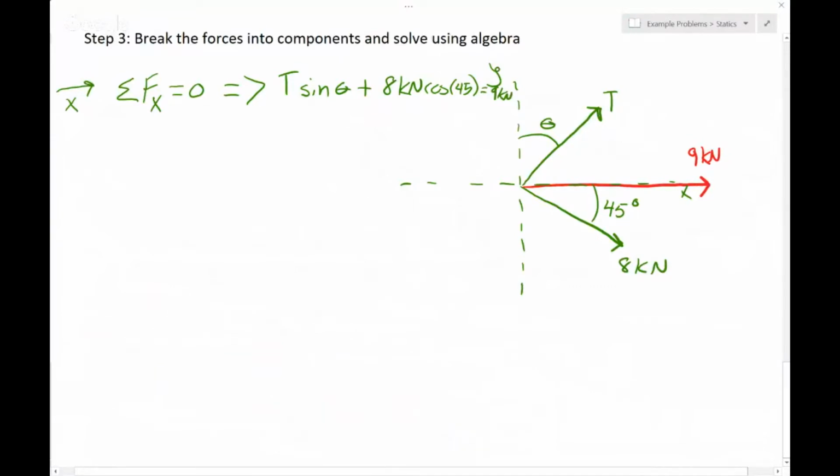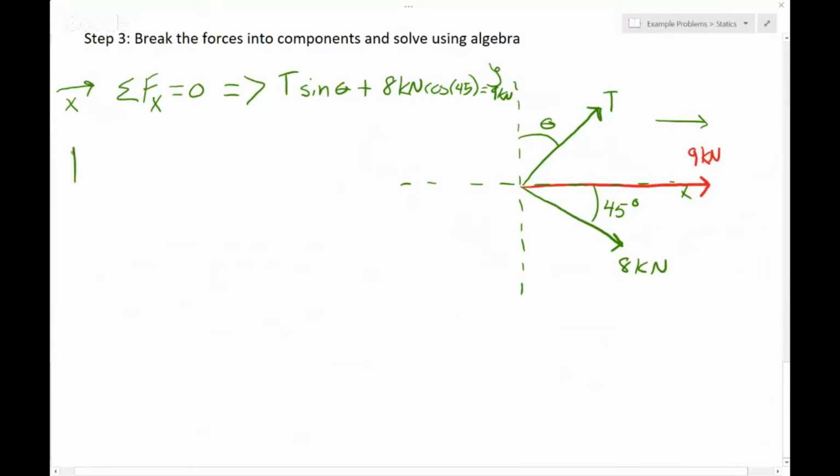And this basically is a result from adding up the amount of force that this T is creating in the X direction going this way with the amount of force that the 9 kilonewtons is creating in the X direction going this way, and the amount of force that the 8 kilonewtons is creating in the X direction.